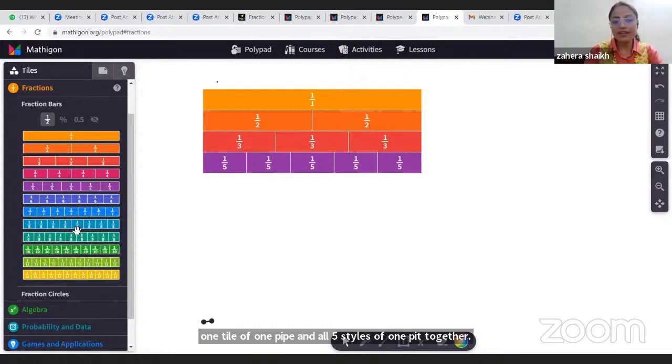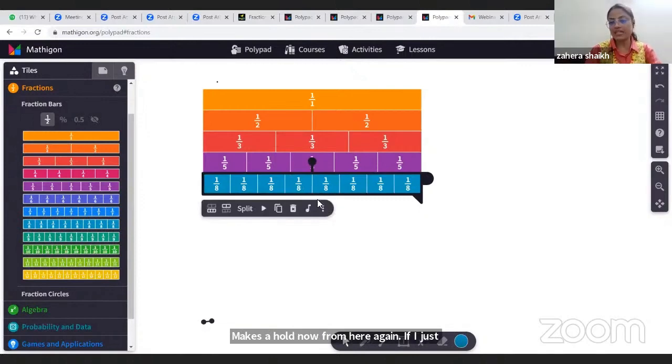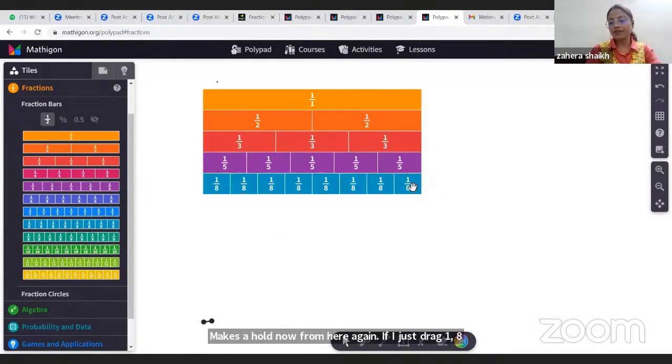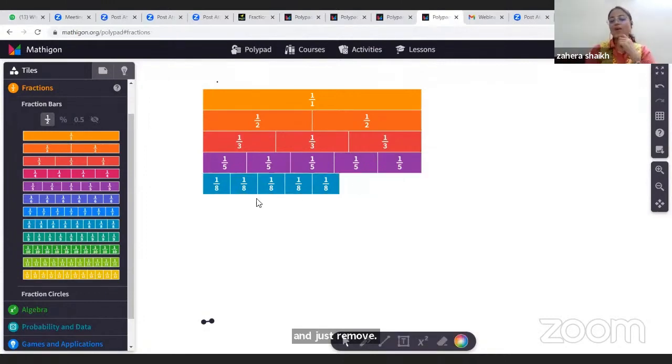Now, from here, again, if I just drag 1/8 and remove. Yes. Now, if I ask, what do you see? What do you observe? So I can see 1, 2, 3, 4, 5 tiles of 1/8, right?